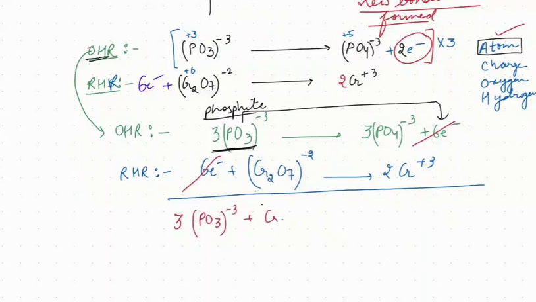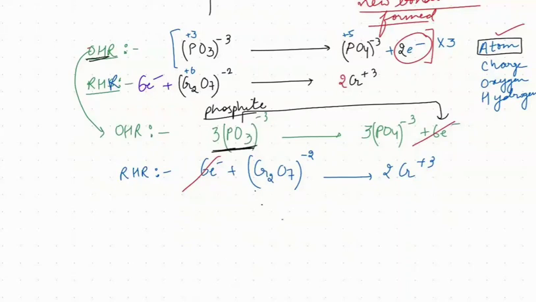Now, before adding, the rule is atom is balanced, then charge is balanced, then let's balance the oxygen. So rewrite the equations again. My oxidation half reaction becomes 3PO3 minus 3 becomes 3PO4 minus 3. Now let's balance the oxygens here.